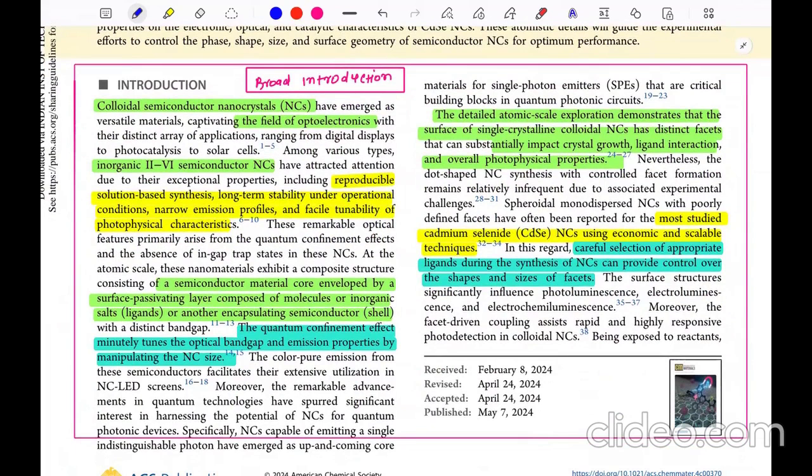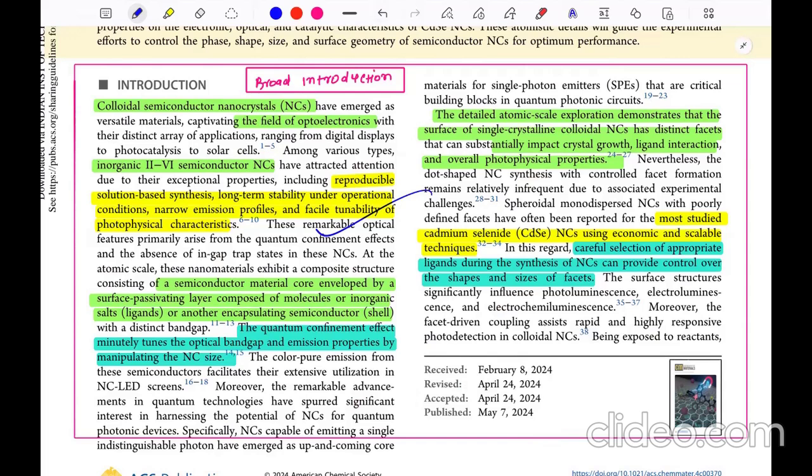We have to compare how the introduction given in this research paper matches with the anatomy that we have been taught. So first, this part we can consider as the broad introduction part, where they have discussed the colloidal semiconductor nanocrystals and their use in the field of optoelectronics, like optical and electronic properties. Among various types of colloidal semiconductor nanocrystals, II-VI semiconductor nanoparticles have been efficiently used due to their various properties, like they can be reproduced using solution-based synthesis.